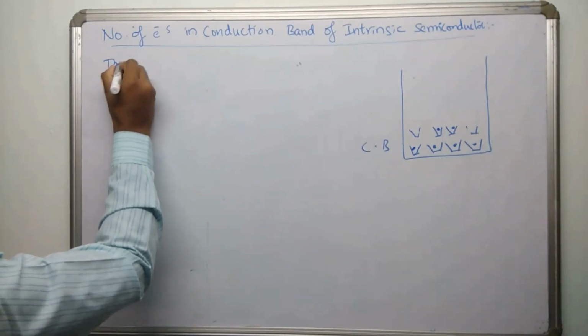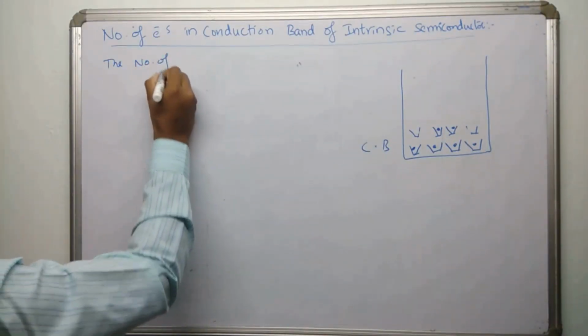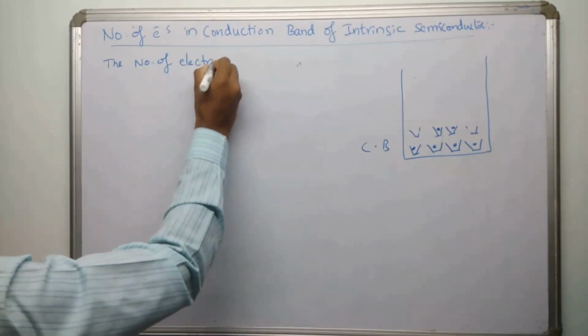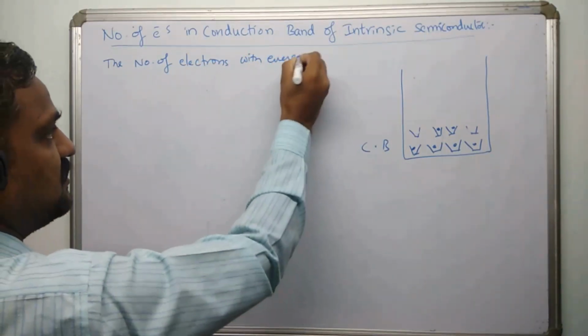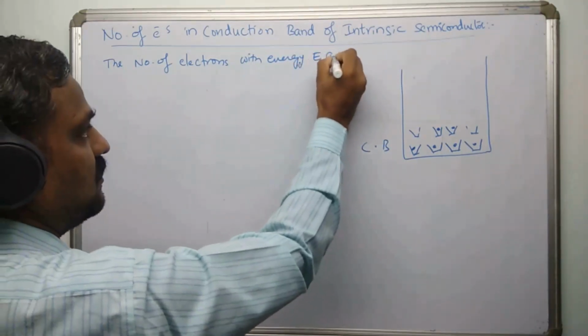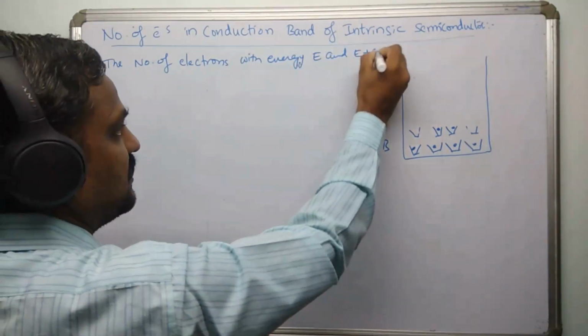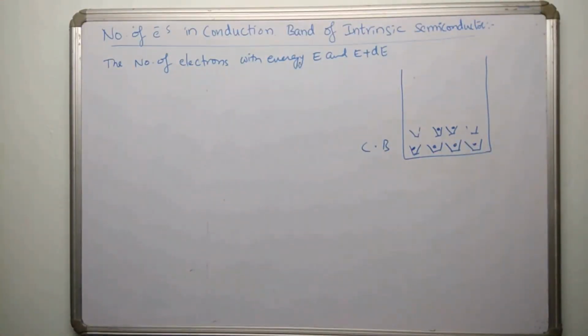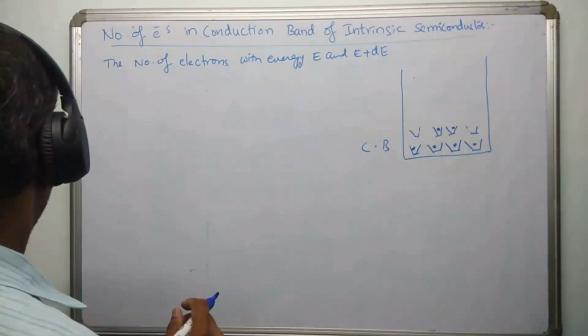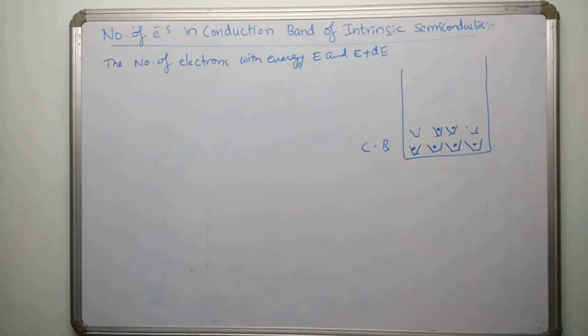So the number of electrons with energy E and E plus dE. We can take the number of electrons lying between energy E and E plus dE.